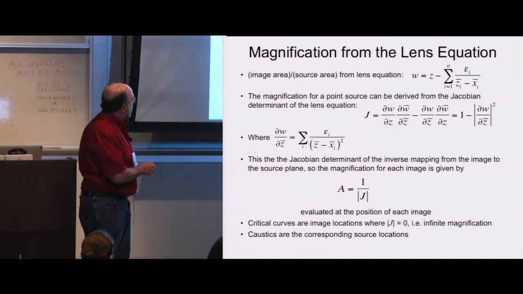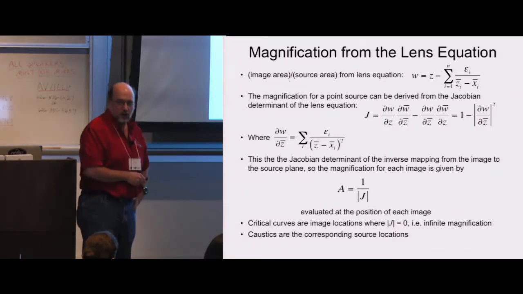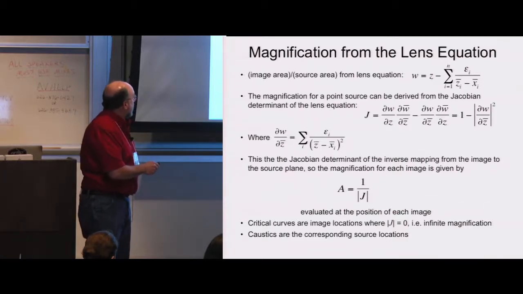And so this is a ratio of the magnifications. Since the derivative is with respect to the image, not the source, the magnification is 1 over the Jacobian determinant of the lens equation.